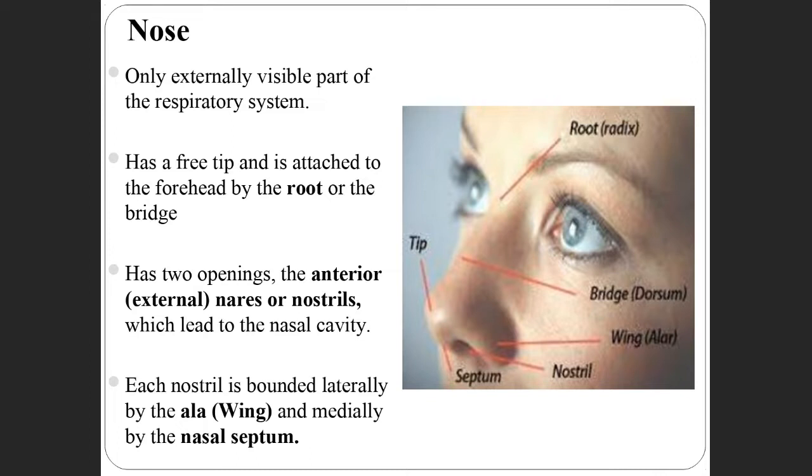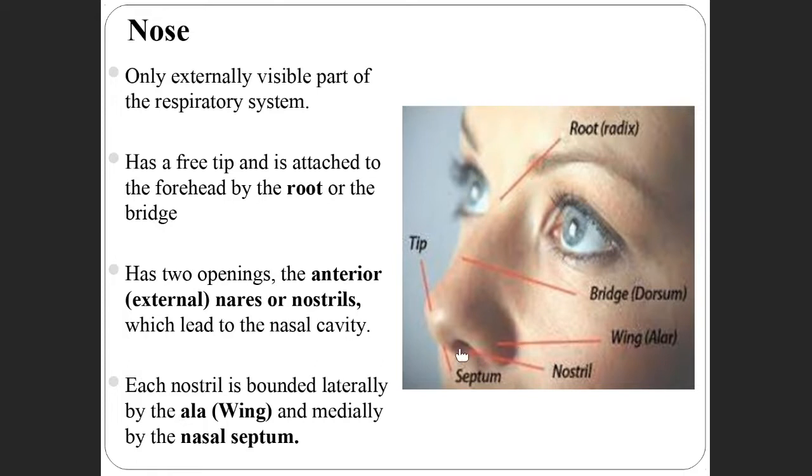One part is the tip of the nose, the root of the nose, and in between the tip and root, the structure is called the bridge or the dorsum of the nose. Then we have the nostrils and the wings.